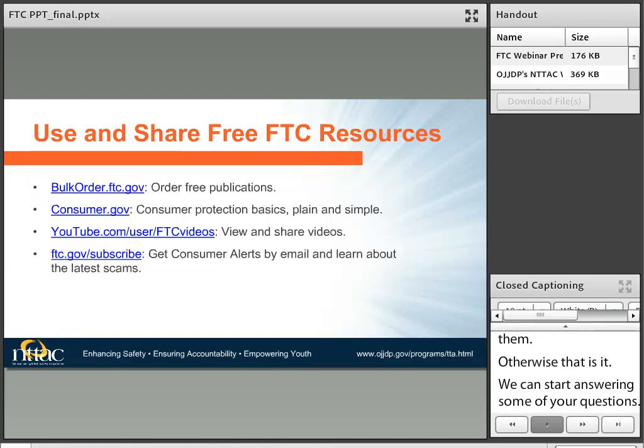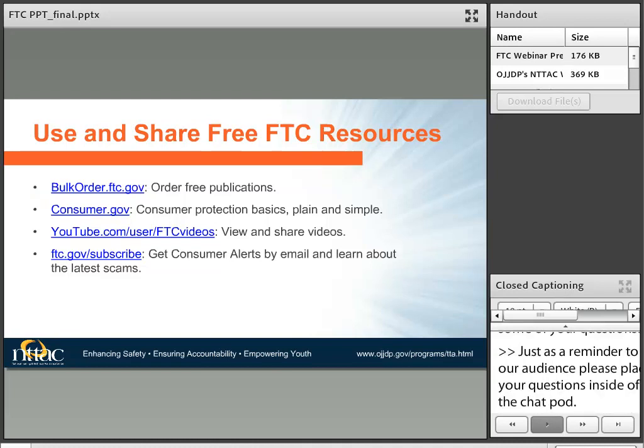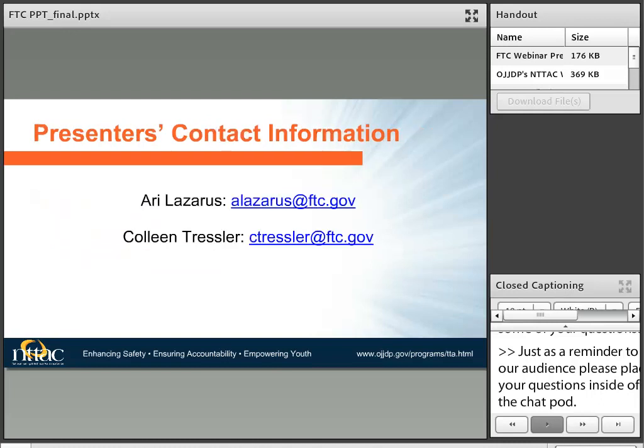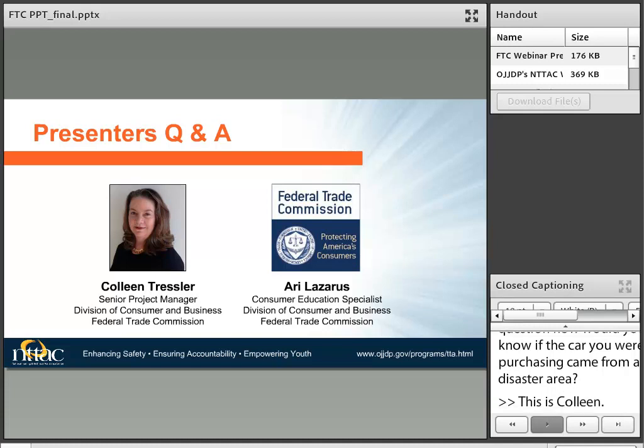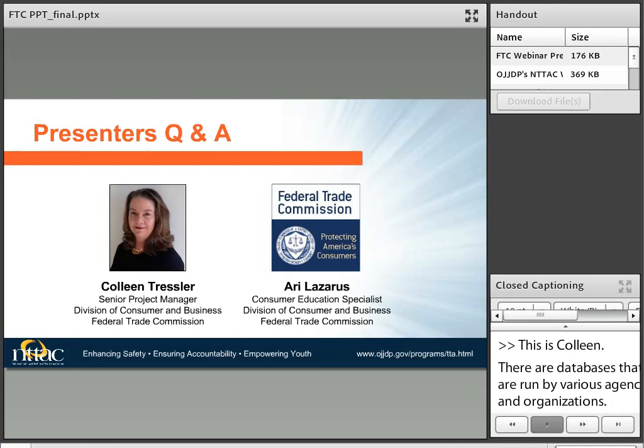Okay, so we can start with the question: how would you know if the car you were purchasing came from a disaster area? That's a good question for Colleen. This is Colleen. There are databases that are run by various agencies and organizations. If you go to ftc.gov/usedcars, there you will find information about those agencies with hyperlinks to contact.